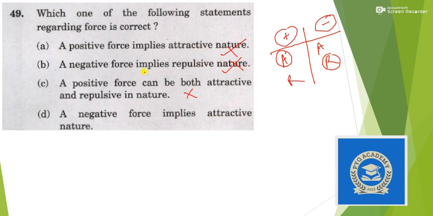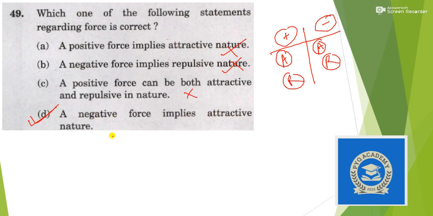So now let's suppose this is the answer, that a negative force implies attractive nature. If it is attractive in nature, then the positive will be repulsive. Since we do not have a positive force repulsive in nature, we reached our answer that a negative force implies attractive in nature.